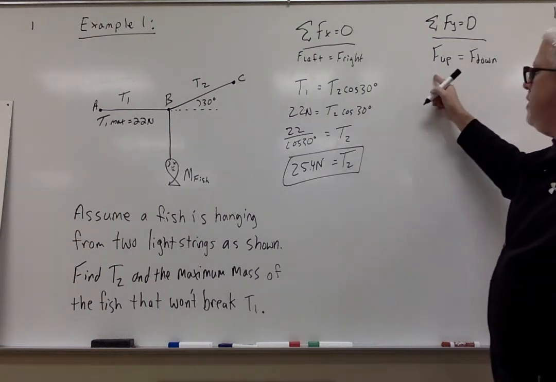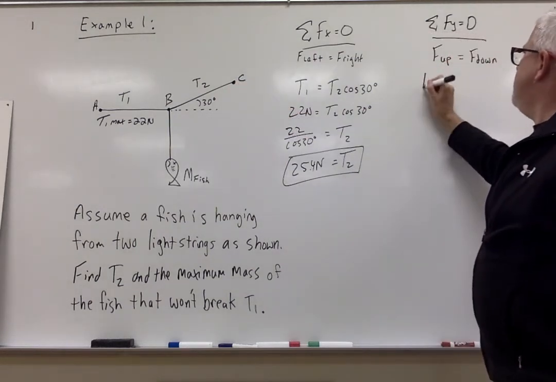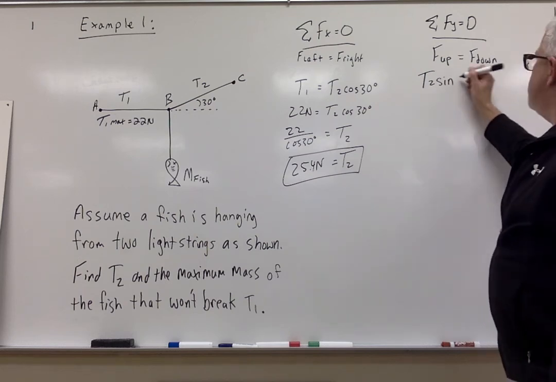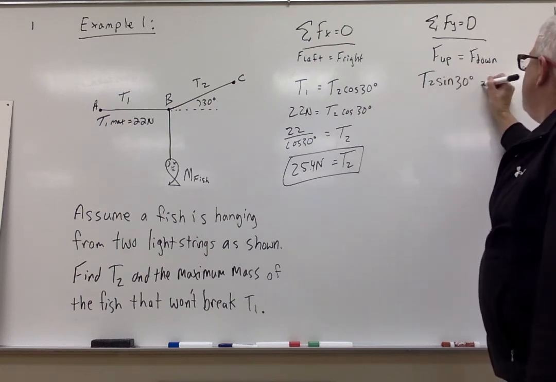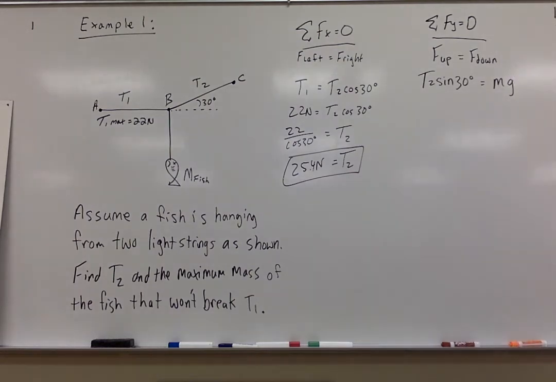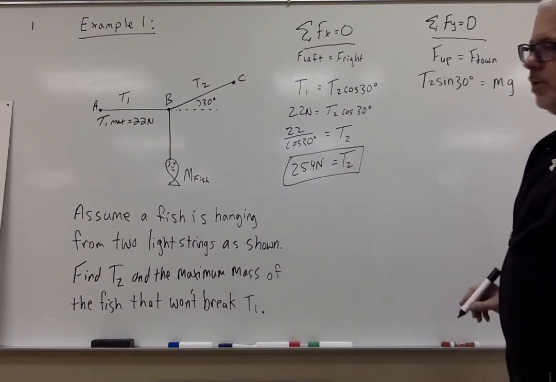In this case, the upward force is caused by the vertical component of T2. So that's going to be T2 sine of that angle, which is 30 degrees. Force down is equal to mg. So when I think about this then, I already know T2 over here, it's 25.4.